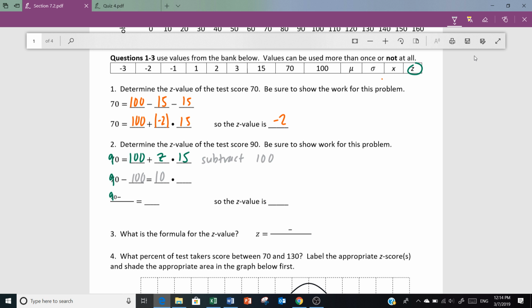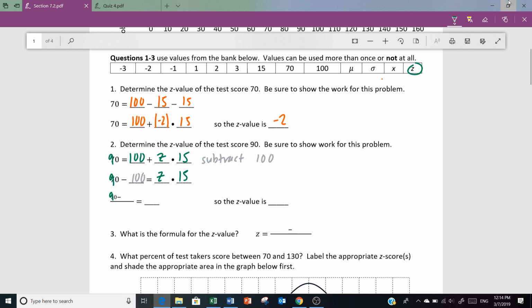And then I have the z and the 15 still being multiplied. So it's z being multiplied by 15. And now after I have 90 minus 100 equals z times 15, what am I going to do to both sides? Good, divide by 15. Very good.